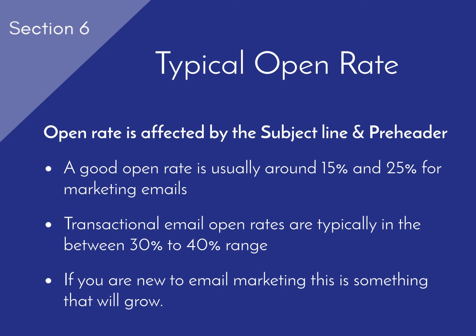If you're having a struggle with subject lines, read lots of blogs, read lots of information, and there are some tools that you can use to write better subject lines. And Constant Contact has links to those in that blog that I mentioned, which will be up in, I believe, section 2 or section 3 when we talked about subject lines. So a good open rate is generally between 15 and 25% for marketing emails.